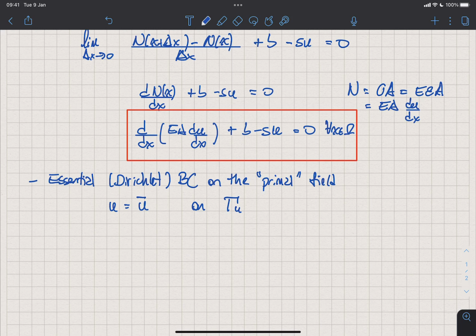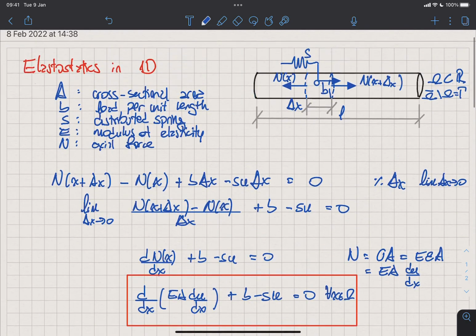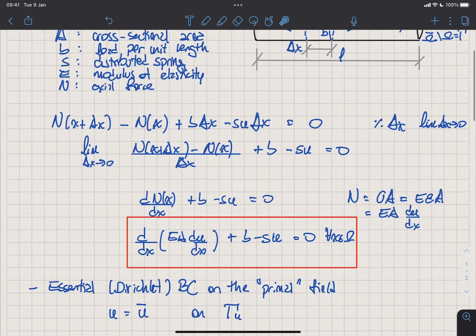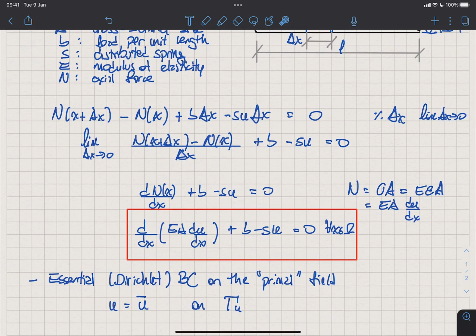So in other words, we decompose gamma. Remember how we define gamma here. Gamma is defined as the closure of the set minus the open set. So that's basically the two endpoints. And then that can be decomposed further into a portion of the boundary that has prescribed displacement field and another portion of the boundary that has prescribed traction.